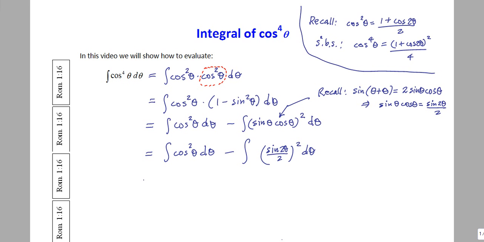Well, let me write this one more time so that we get the integral of cos squared theta d theta minus, the half being squared is a quarter that comes out of the integral as a constant, and then we get sine of 2 theta, and that is being squared d theta.